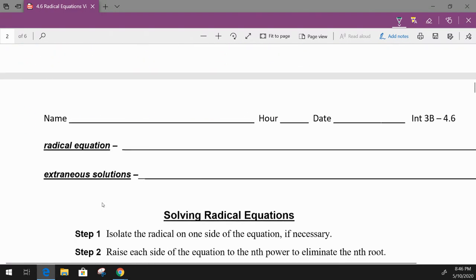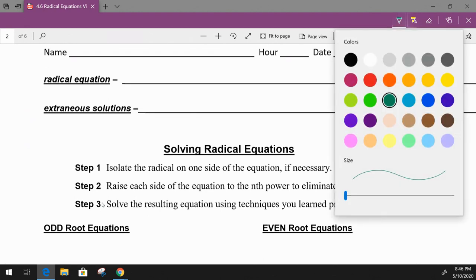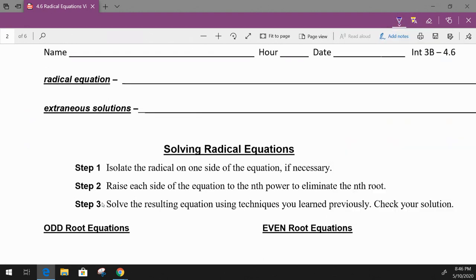All right, so the next type of problems that we have now are radical equations. In order to be considered a radical equation, the variable must be in the radicand.